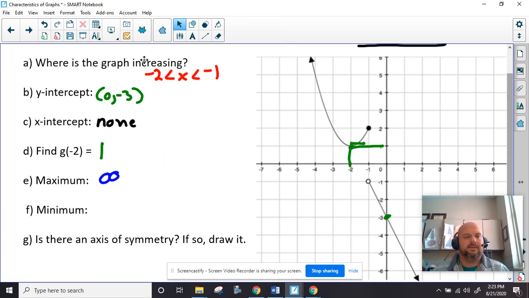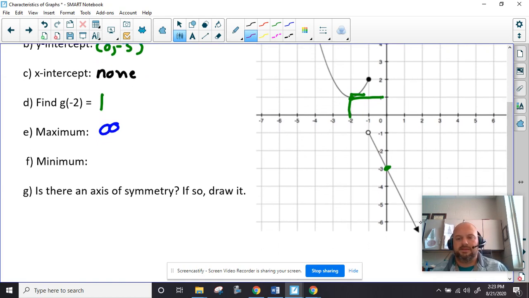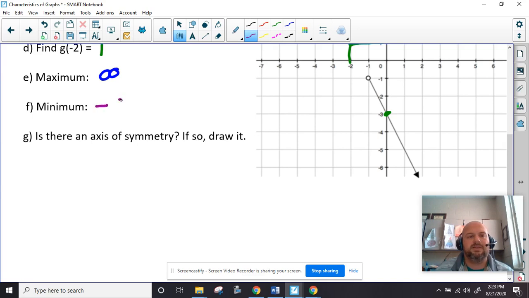As far as writing, we don't have to really write. A minimum. Well, this arrow down here tells us that it keeps going down this way. So this actually goes to negative infinity, because numbers keep going forever in a positive direction and a negative direction.